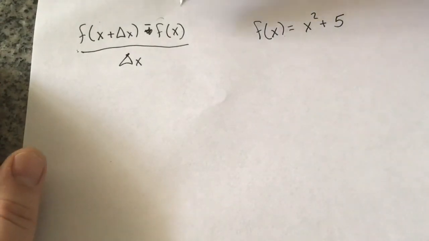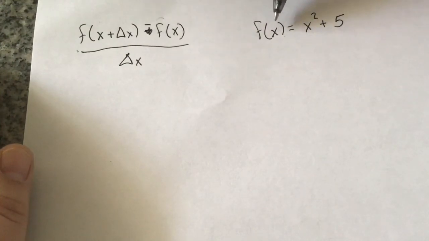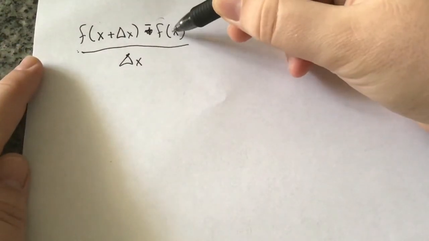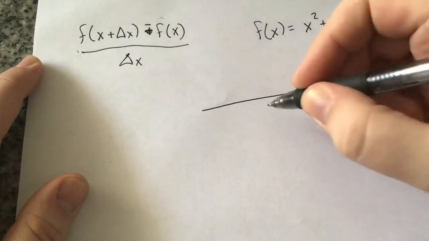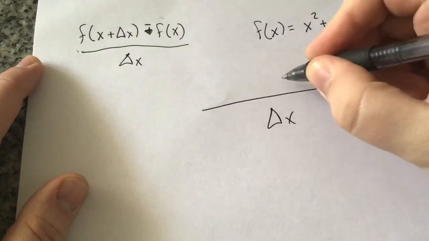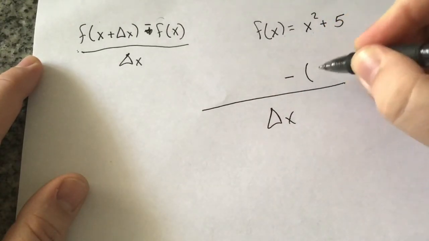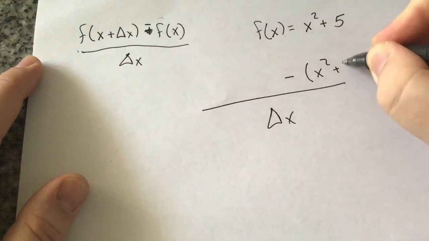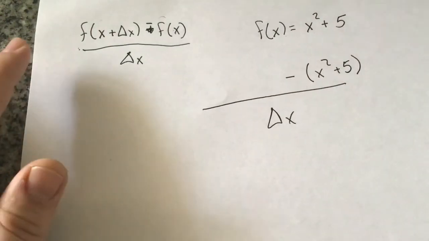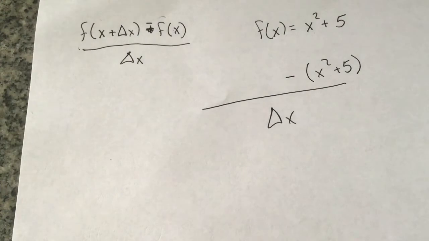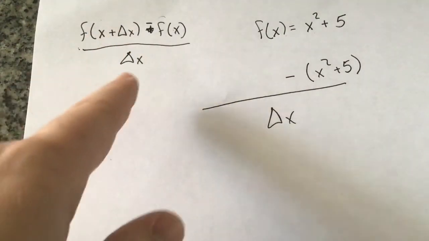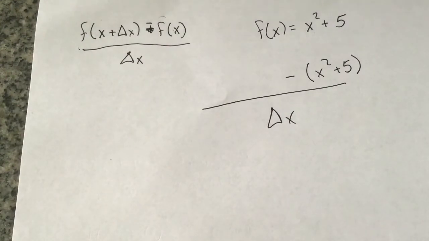And if we're just plugging in x, this one already has x plugged in. So whenever we see this in the equation, we can just simply write what we already have here, x squared plus 5. Now the delta x will remain in the denominator as well because there's no function there.